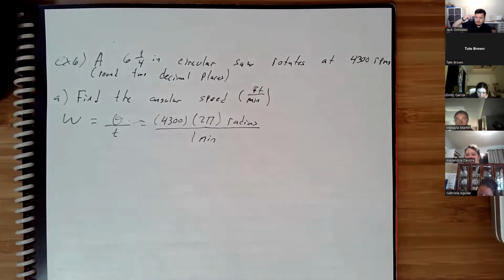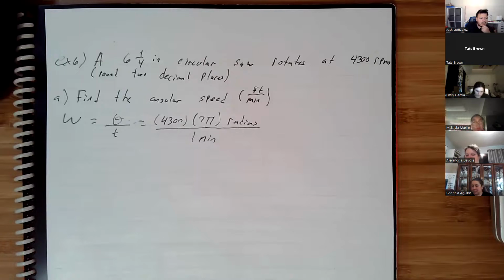When they say 60 miles per hour, that means 60 miles divided by an hour. Any questions on that setup? That's really most of the work right there. So multiply that up and we'll have radians per minute.